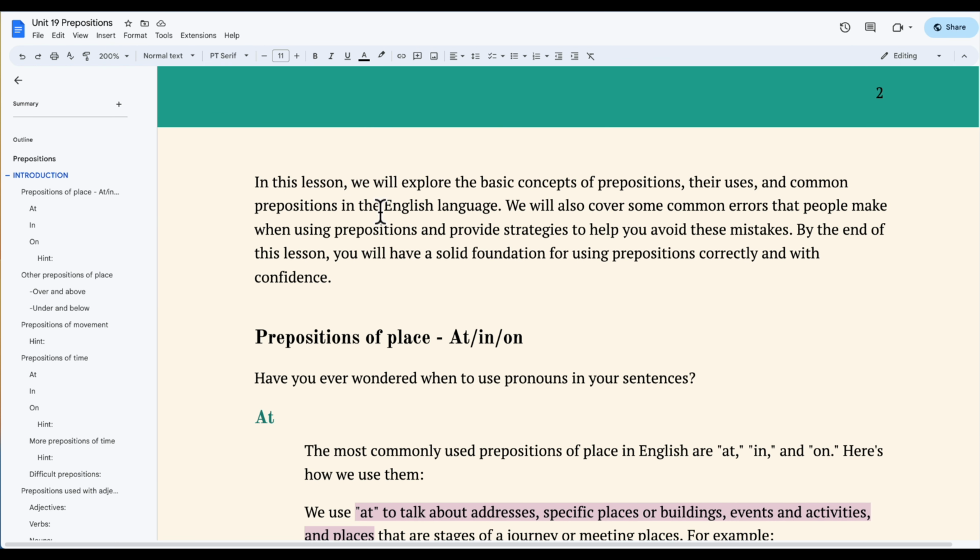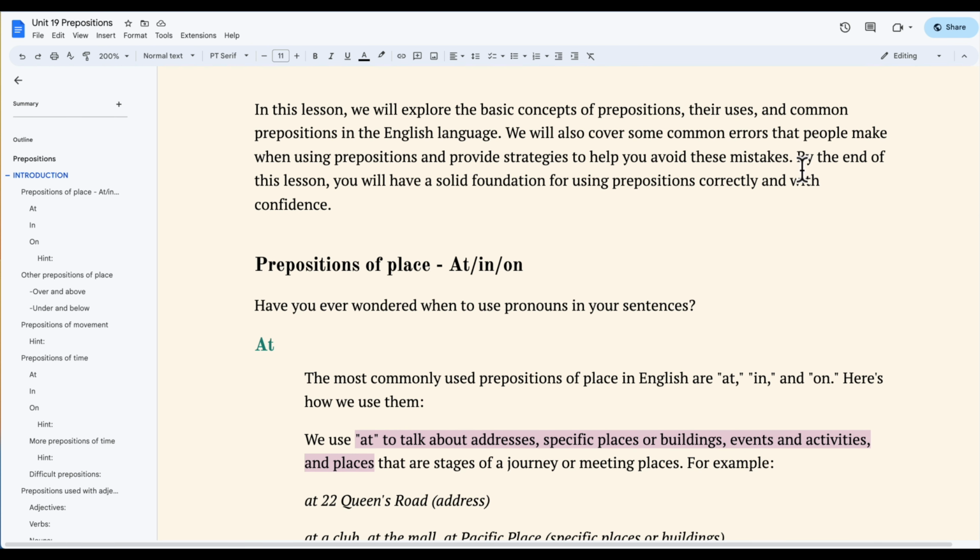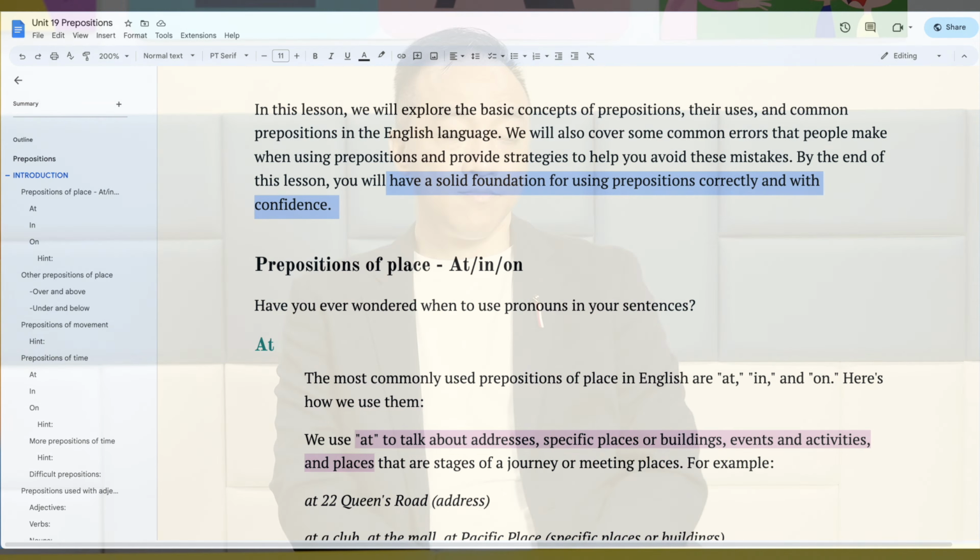In this lesson, we will delve into the fundamentals of prepositions, their applications, and the commonly used prepositions in English. We will also address common errors associated with prepositions and provide strategies to help you steer clear of these mistakes. By the end of this lesson, you will have a strong foundation in using prepositions accurately and confidently.